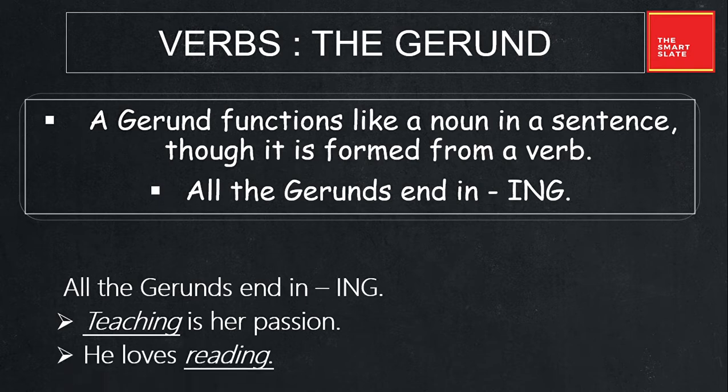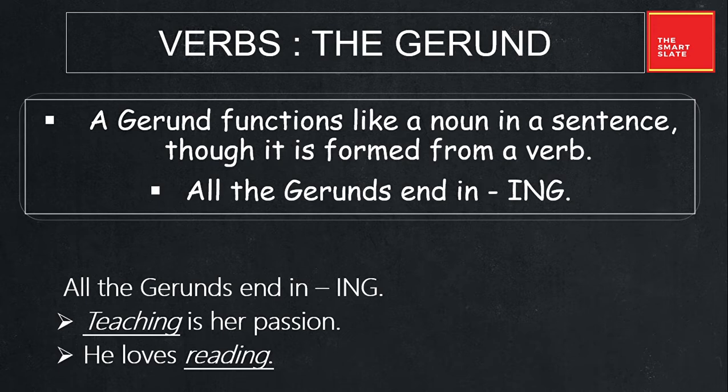He loves reading. Similar is the case with reading. To read something, obviously it is a verb, an act of reading, writing, cooking, teaching, communicating. But when you add ing to the verb read or teach or cook, it becomes a gerund.